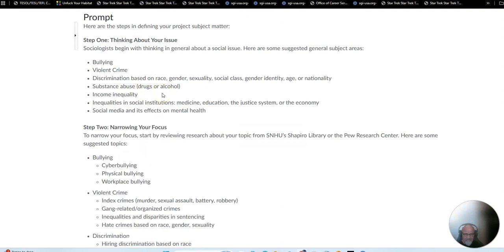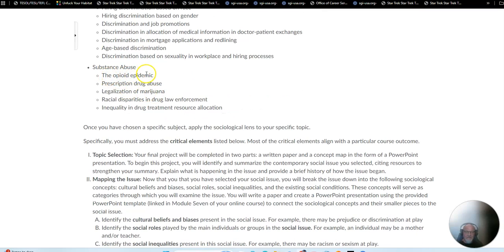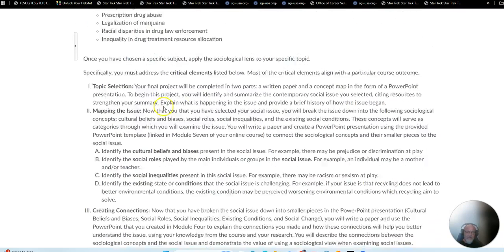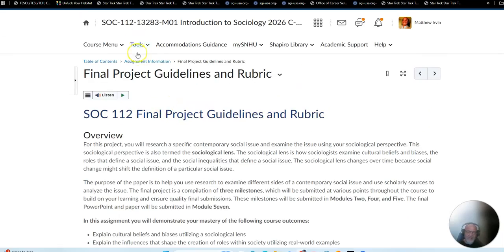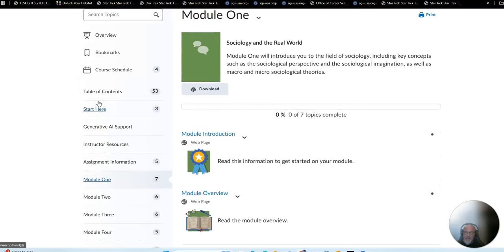That could be the fentanyl epidemic. It could be alcohol use disorder, and so forth. So here are some ways you could break it down. With that, let's take a look at the modules. Each week, including this week, there's a module.